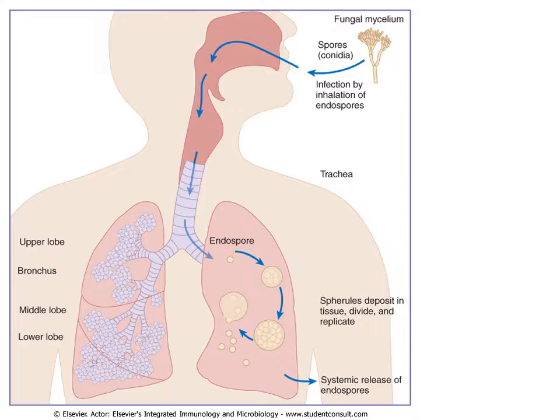They will exist in the form of endospores. So they will be inhaled in the form of spores and then lodge into the lung tissue, and then they keep on depositing in the tissue, dividing, and replicating. So that kind of replication and systemic spread is in the lungs. That's a typical situation that we normally see.